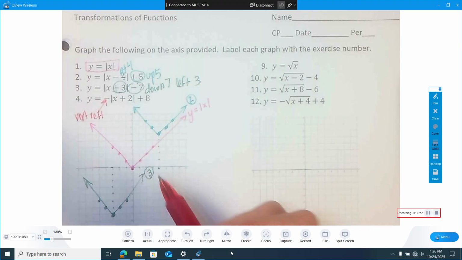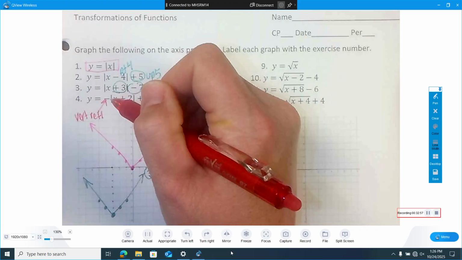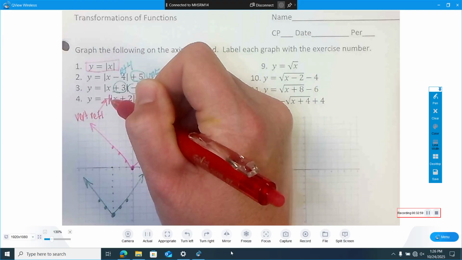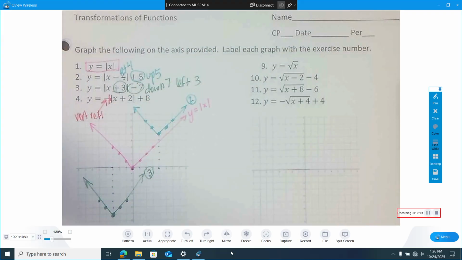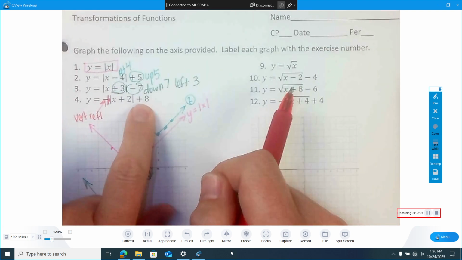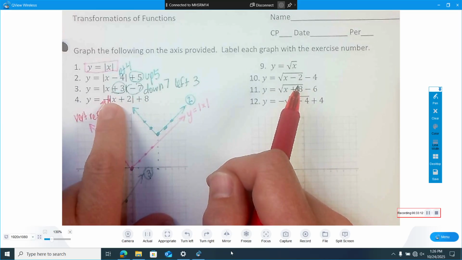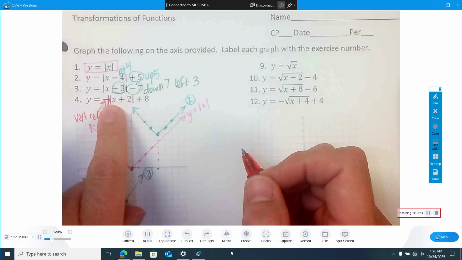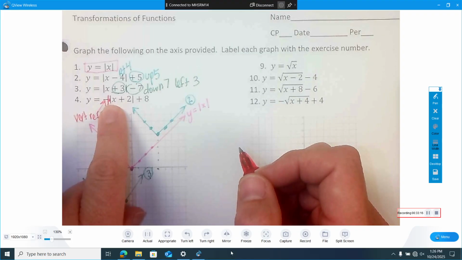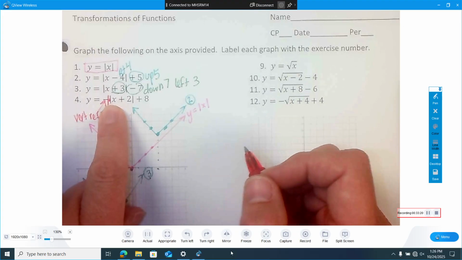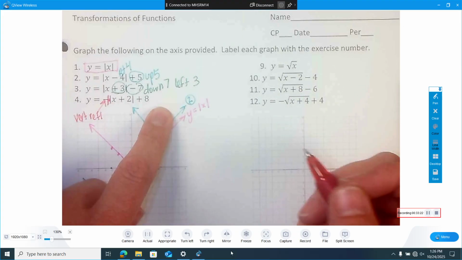Now the question is, when we look at this, this is like a -1 times the absolute value, so that is multiplying the whole function. Should we add 8 first, or should we do the reflection first? Reflection first, because of order of operations. We've got to multiply before we add or subtract.